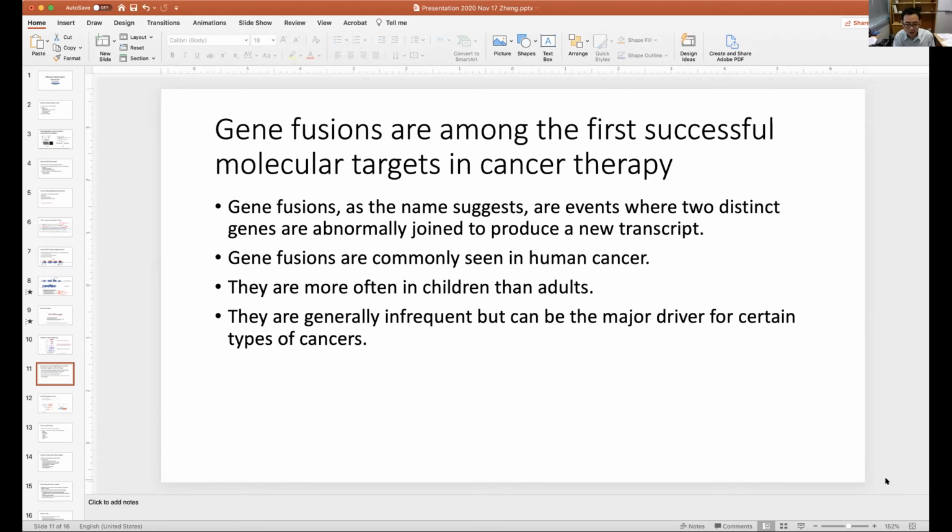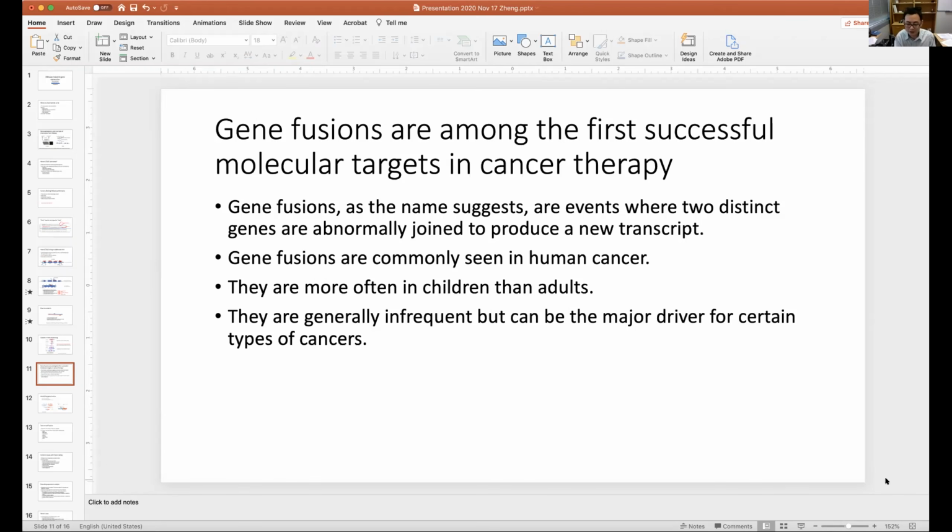But if you talk about driver gene fusions, then adult cancers do not have that many driver gene fusions. Typically, the fusion events are less frequent. It's quite rare to see recurrent gene fusions. Now, driver gene fusions are more common in children's cancer than adult cancer.